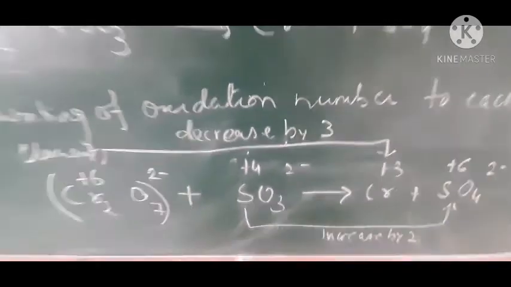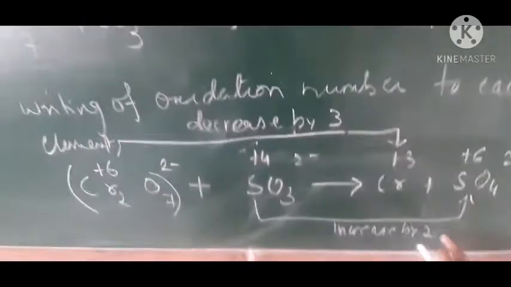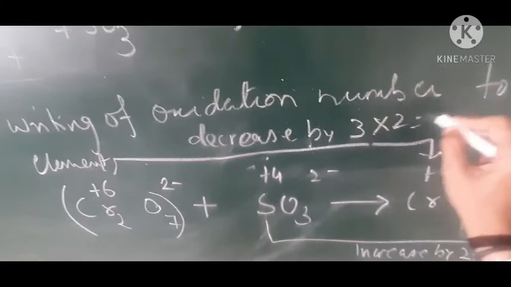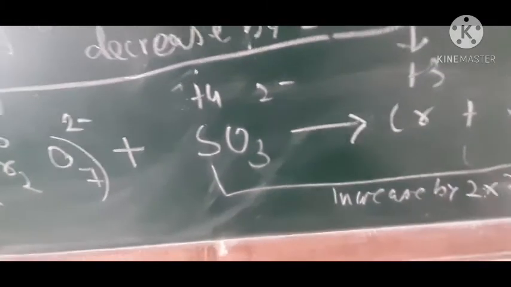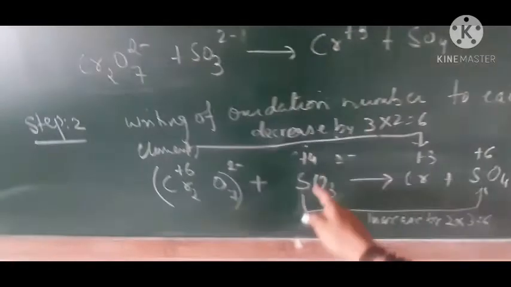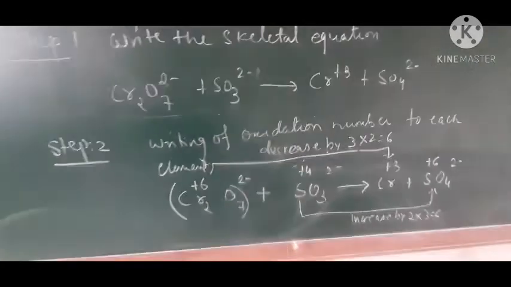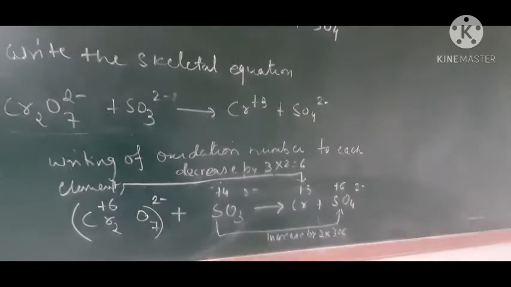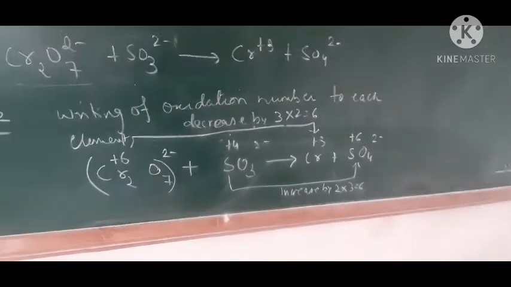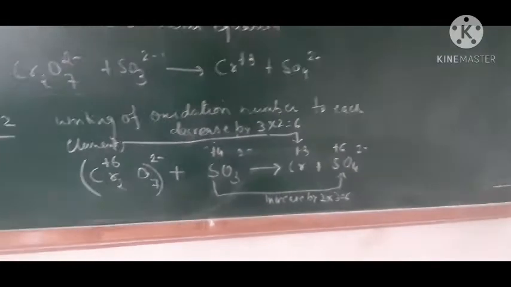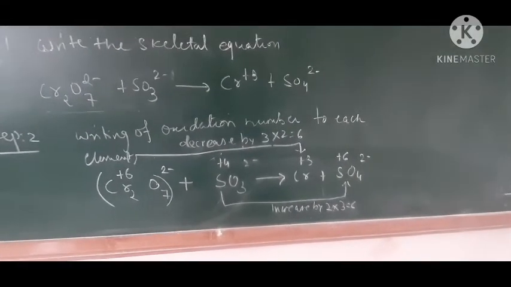So we are balancing the oxidation number. Here 3, here 2. So 3 2s are 6 and 2 3s are 6. So overall, whatever the term is, multiply the whole by 2. So the net equation we are writing is Cr2O7 minus 2.